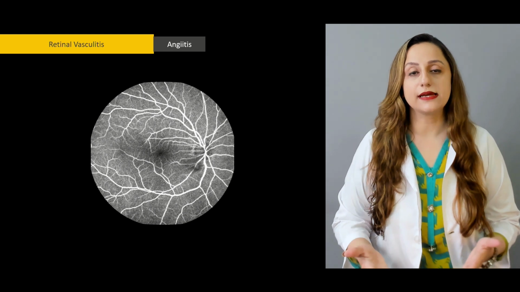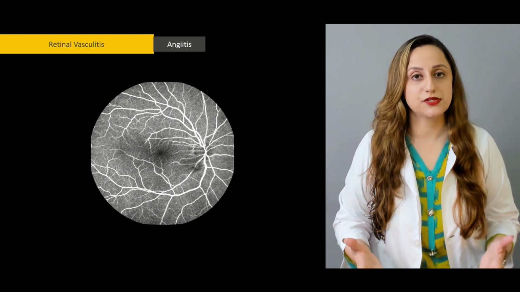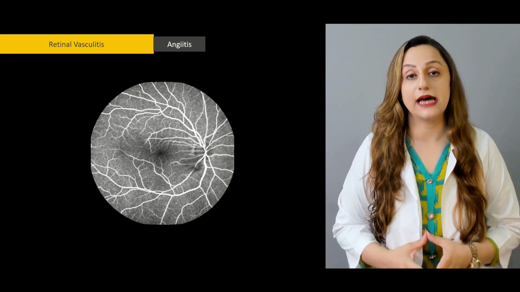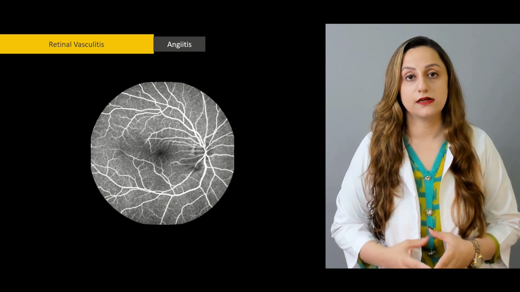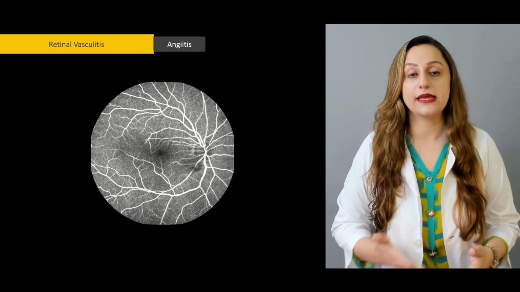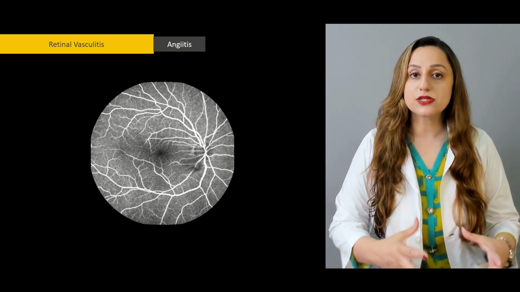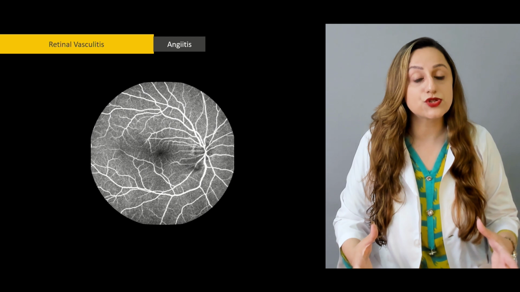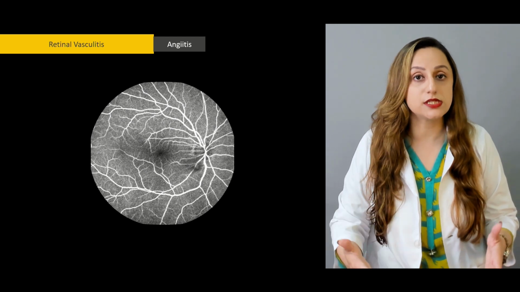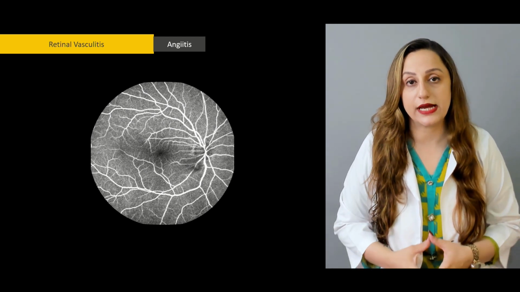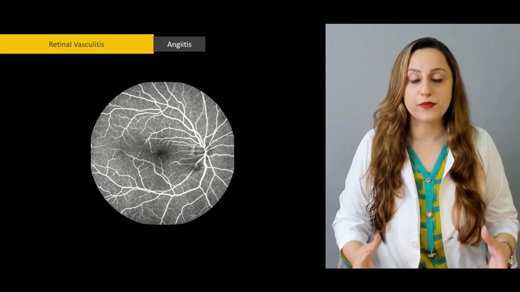The treatment involving angiitis or retinal vasculitis would include corticosteroids, and then we can administer methotrexate or rituximab. So these are some of the anti-cancer drugs that are used to treat cases of angiitis in a lot of patients.